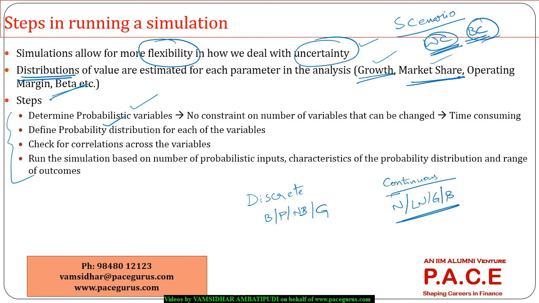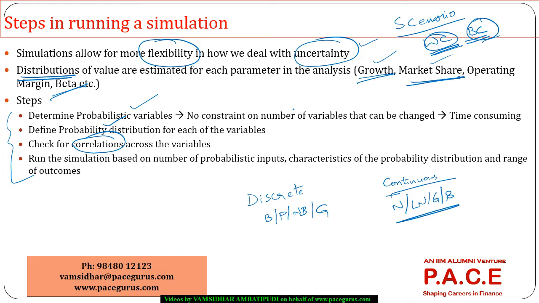We have to try to identify the probability distribution for each of the variables. And if there are multiple variables in our model, it's better that we see if there is any kind of intervariable correlation present. And if it is present, obviously even that correlation needs to be considered as a part of the model.